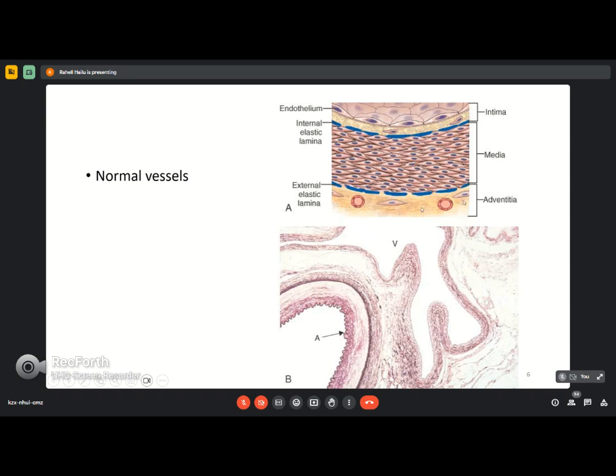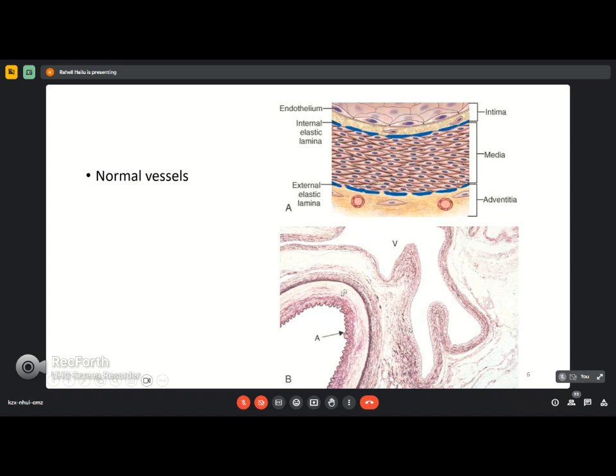You might see some smooth muscle fibers, and also the vessels that supply the vessels, or the vasa vasorum, within the adventitia. So it is arranged this way. This is the histologic appearance here. The endothelial cells along with the internal elastic lamina, and then you have the intimal subendothelial connective tissue.